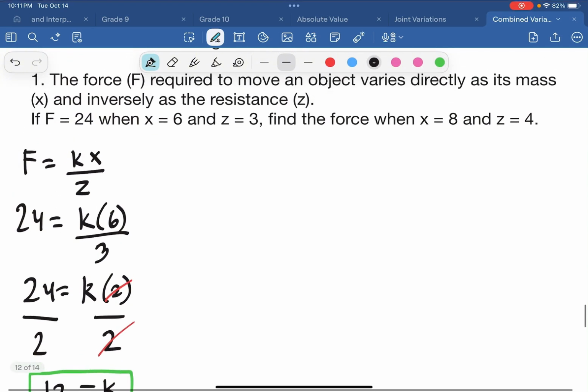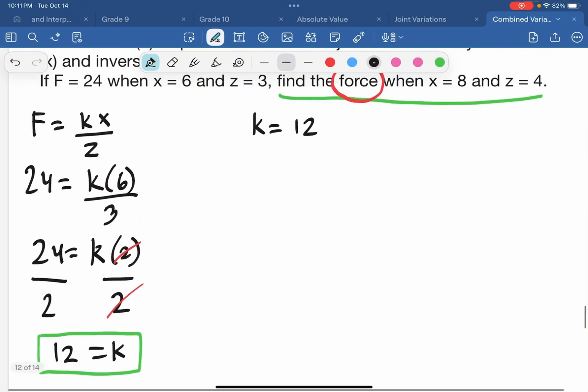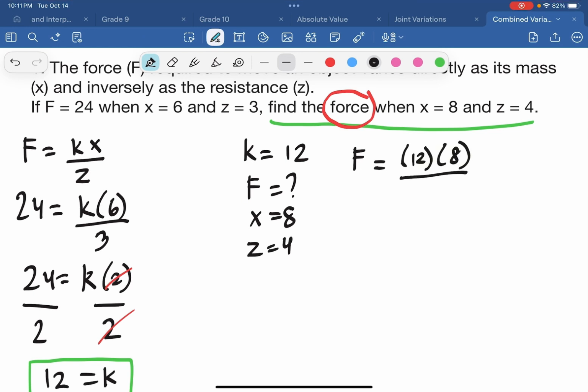Next, on the second part of the problem, find the force. So k is 12. F is missing, x is 8, and z is 4. So based on this, we have F is equal to 12 times 8 over 4.